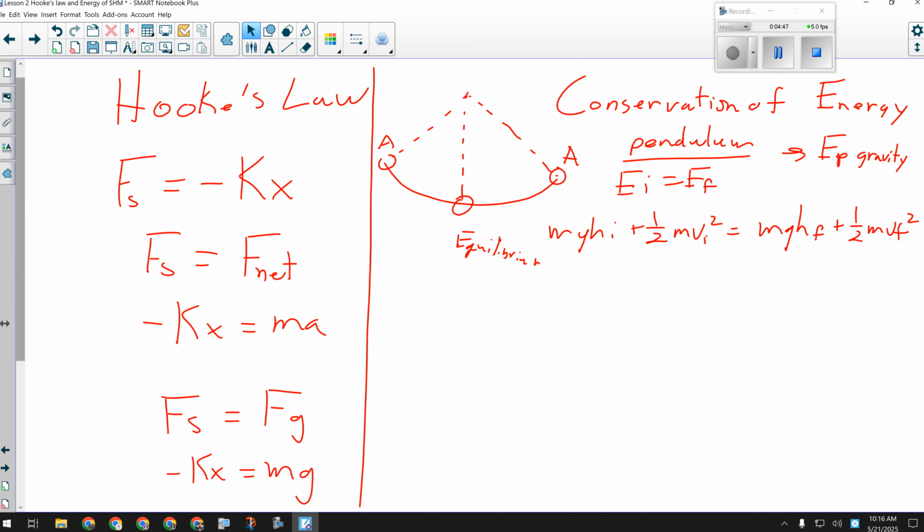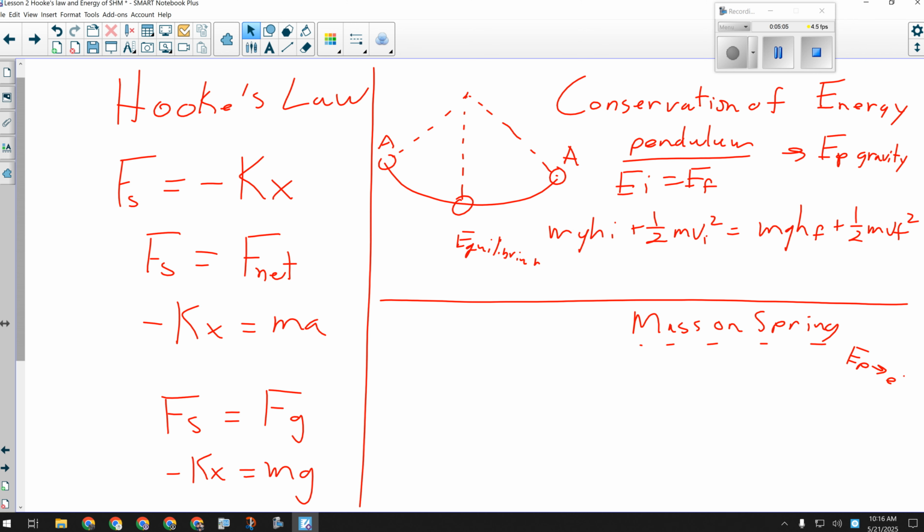All right, the other situation we talked about was the mass on a spring. Okay, still an EI equals EF situation. What's different is that EP is now elastic, and that means using this formula.